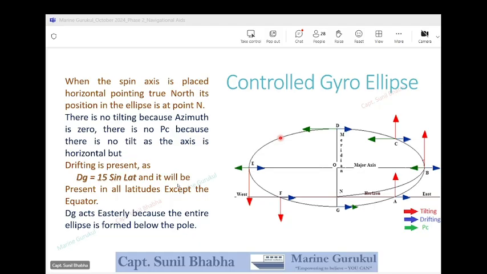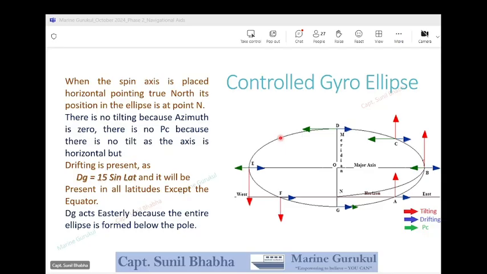Any more doubts, beta? Tell me more. Sir, this curve of north seeking, right, starts from N at the horizon and goes to B. So when it comes back, it will follow the same curve directly from E to N, right? No, no, no, no. It will not go from E to N, beta. It will go in this A, B, C, D up to Golf, and it will keep on following this elliptical path only.